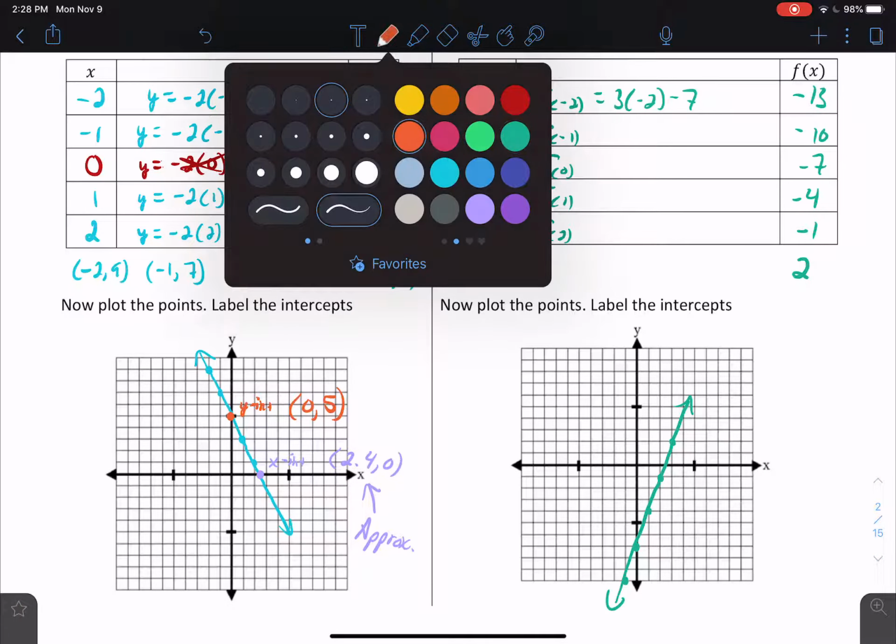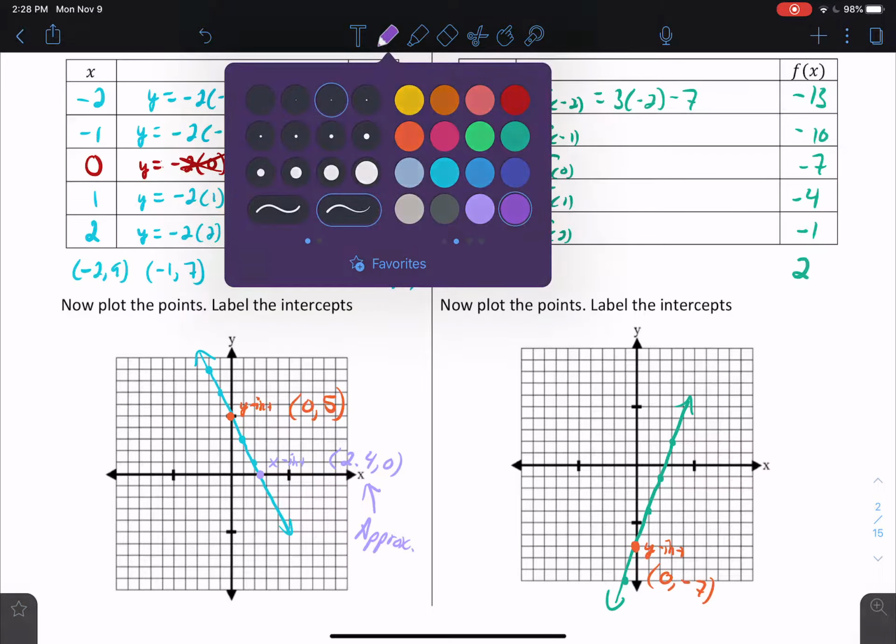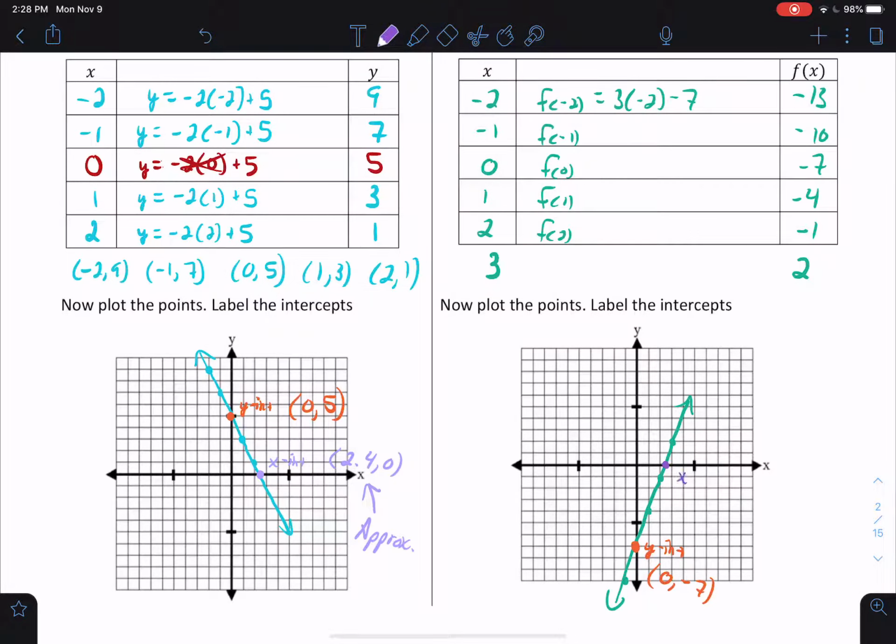Label my intercepts. This is my y-intercept, which is exactly 0, -7. And then my x-intercept, which is right here. Once again, it's between 2 and 3. So again, I'm going to say about 2.4. This is an approximate answer.